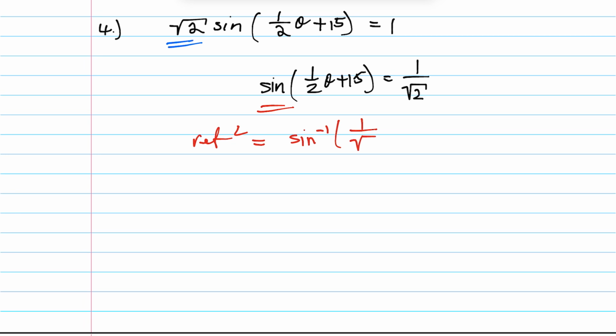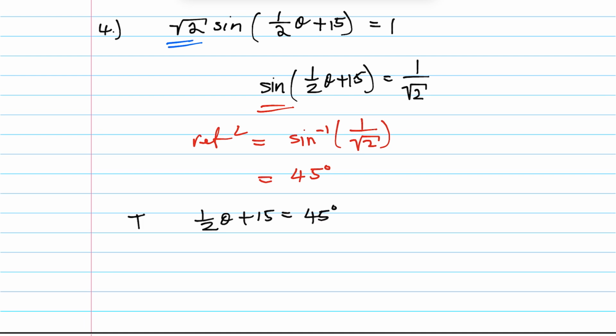Include the ratio there, 1 over root 2, and that should give us an answer of 45 degrees. So we have our angle here being half theta plus 15 degrees, and it's equal to 45 degrees.